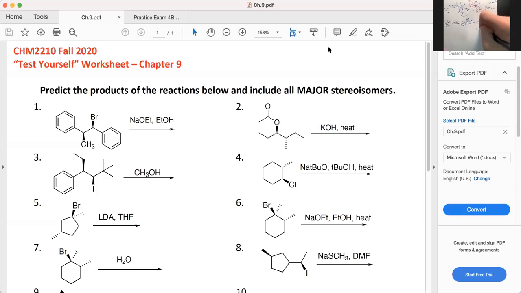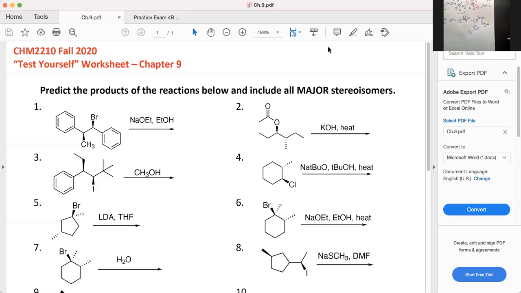So if I'm considering E1 conditions, I can get the Zaitsev product by removing that proton. Your methanol can act as the base, deprotonate that, and form that alkene. Okay, so SN1 and E1 happen in tandem. And then you can also get the SN1 or the substitution pathway where it attacks the carbocation.